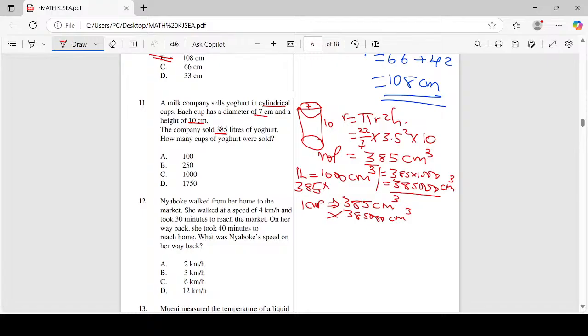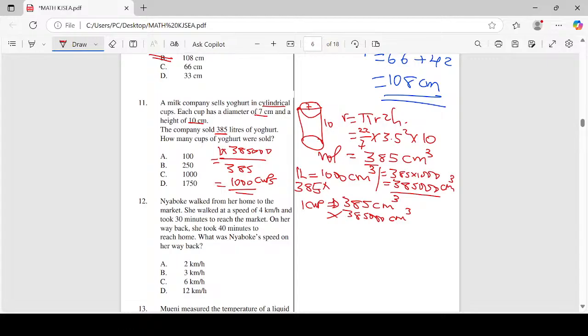When you cross multiply, you multiply 1 by 385,000, then you divide that by 385. With the help of your calculator, you are going to get 1,000. It means that 1,000 cups were sold during that period.